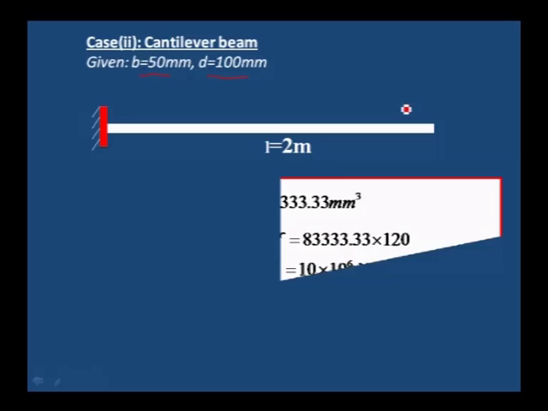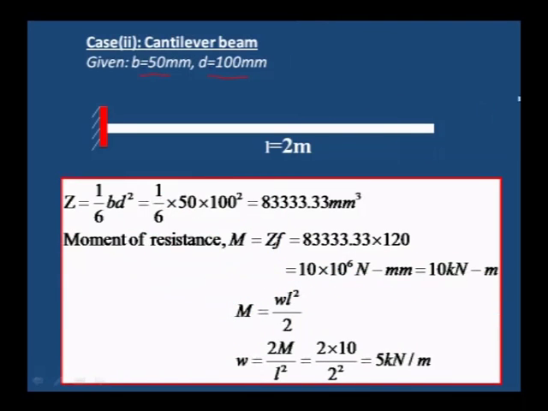The second case in the problem is given. The same beam, made out of the same material, is used with width 50 mm and depth 100 mm as a cantilever beam of span 2 meter. What is the uniformly distributed load? For the given section, find the Z value.